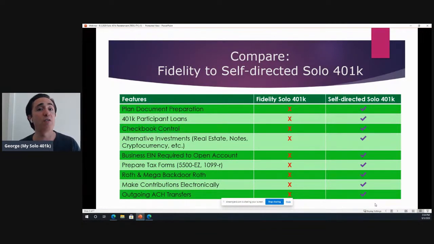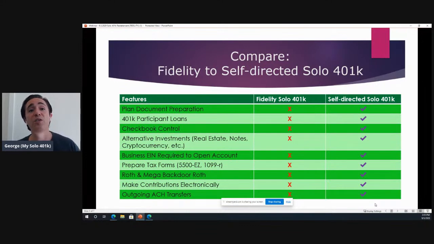Even if the account is just at Fidelity, we will set you up with a free brokerage account at Fidelity where they will give you a free checkbook. Or you could have it at a different brokerage, or you could have it at a bank in addition to having an account at Fidelity. So you can not only have a checkbook, but you get a debit card with a bank. You can ACH money out with the bank. So that's another great feature of our plan.